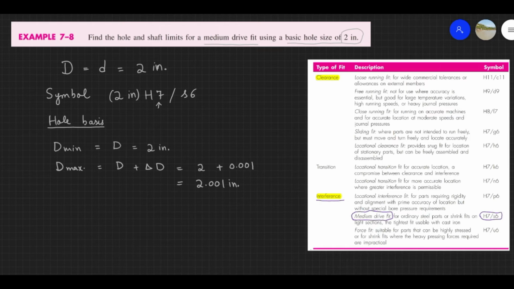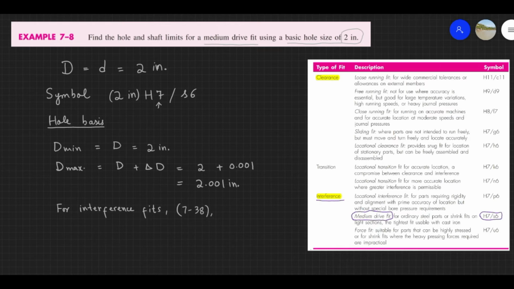Alright, so now we move on to the shaft sizes, and for the shaft we have a different set of formulas for interference fits, and that corresponds to equation 7-38 from the book.